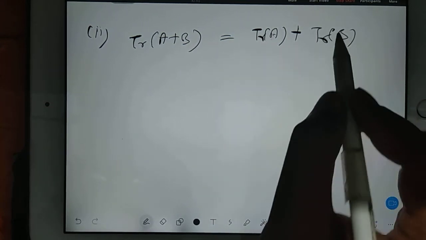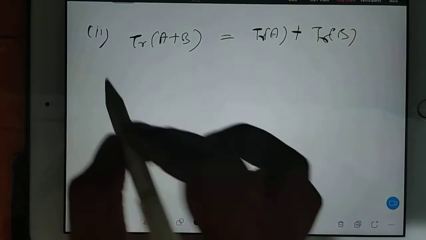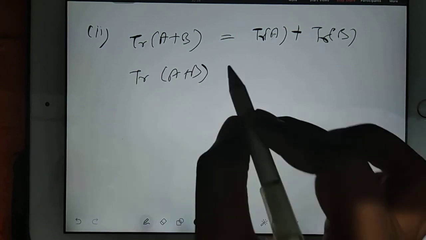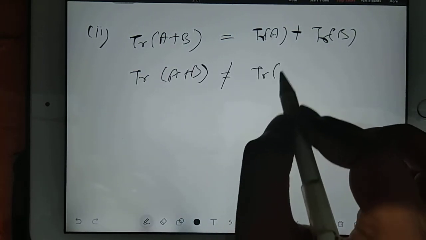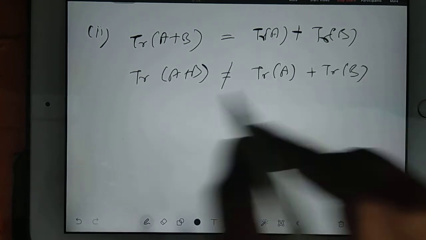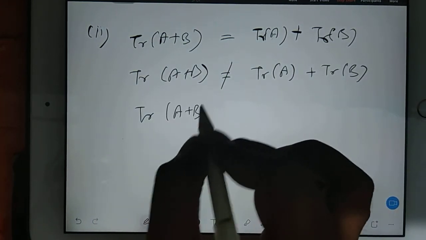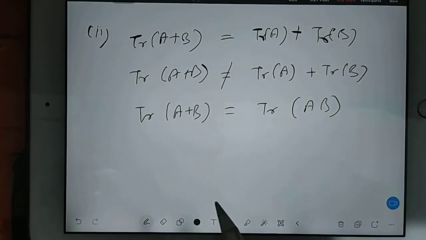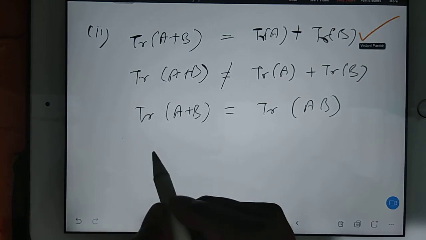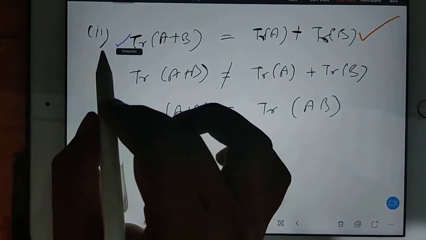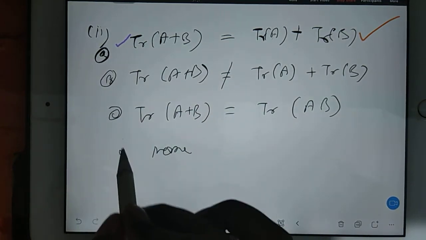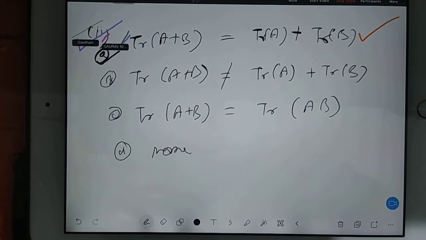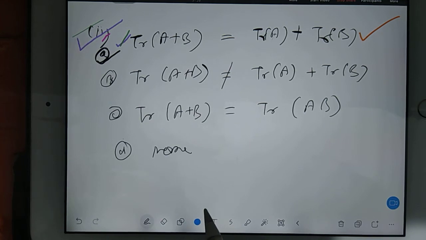Actually, it is not T, it is TR. Or you think trace of A plus B will not be equal to trace of A plus trace of B, or you think trace of A plus B will be equal to trace of A into B, or none? Which option is correct? Option A, option B, option C, option D. Yes, option A is correct.